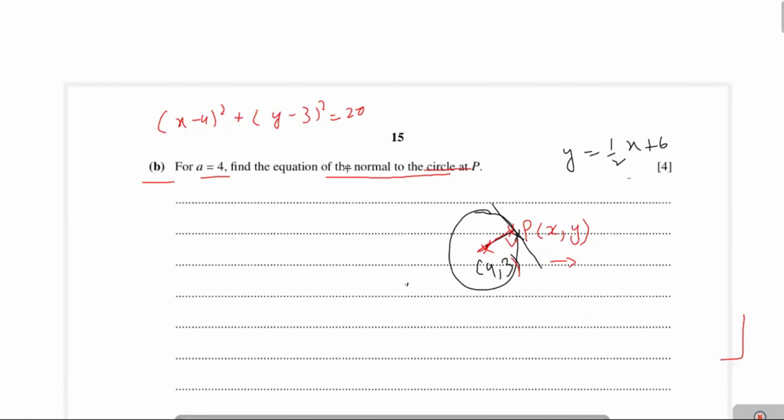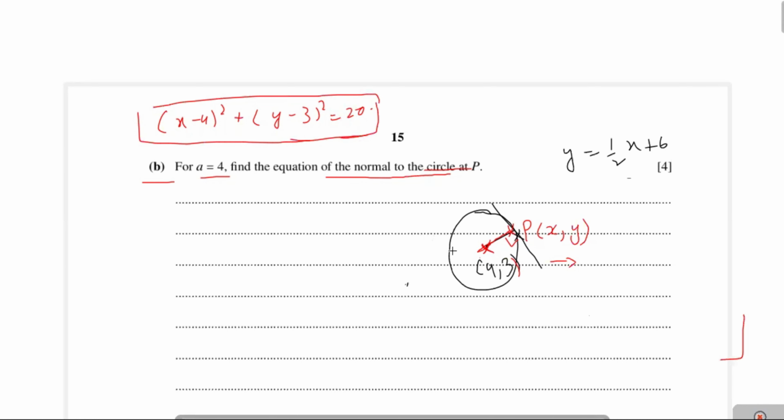Part B, for a equal to 4, find the equation of normal to the circle at P. Now the point P here is this point and this is the tangent line at point P. The normal to the tangent line is the line which passes through the center of the circle. Now this is the equation of the circle where a is equal to 4.